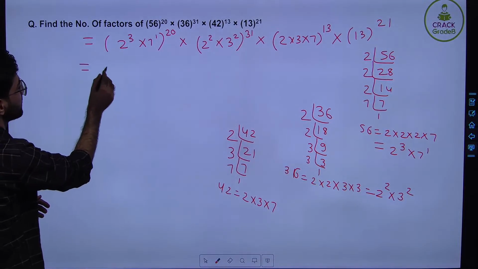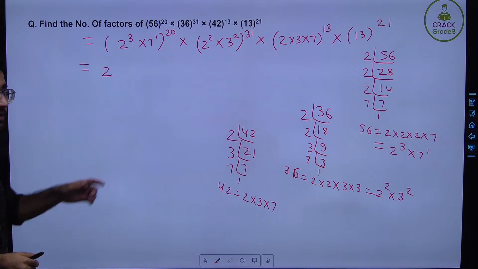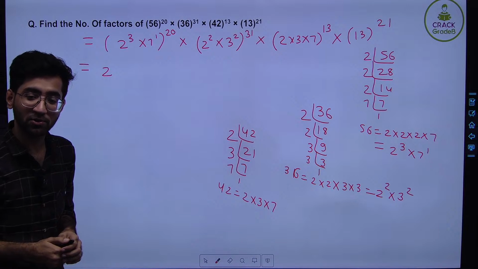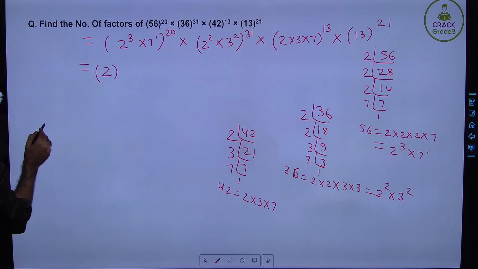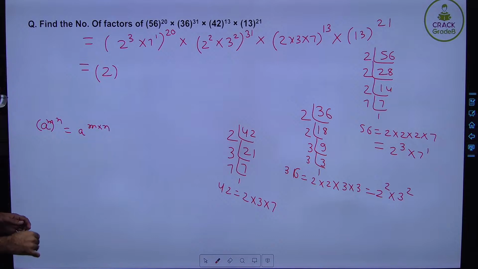Now tell me, what will be the power of 2 in this case? What will be the power of 2? You will have to remember this formula: a to the power m, whole to the power n. Right?